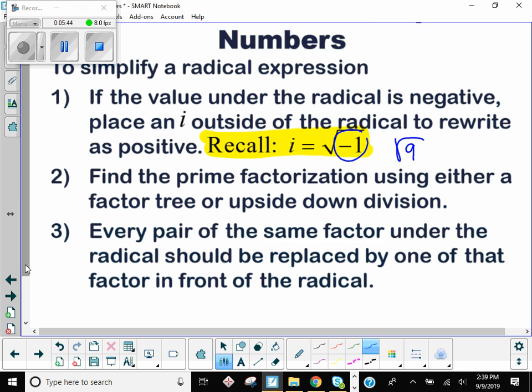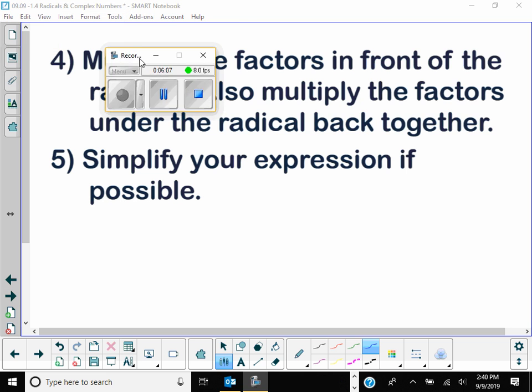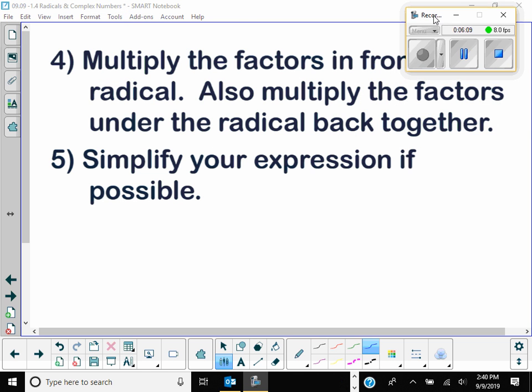Step 3, every pair of the same factor under the radical should be replaced by one of that in front, which we talked about in the warm-up. And then you multiply the factors that are in front, and you remultiply the factors that are left over underneath, and then simplify if possible. So all that's just the basic steps for radicals, and we're going to be working with it a lot today.